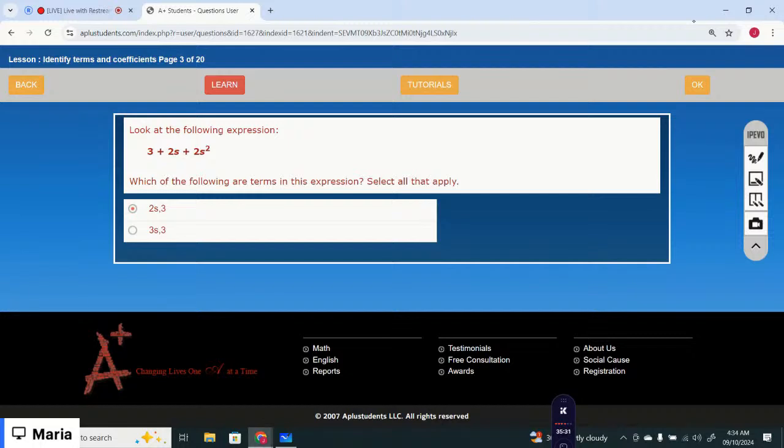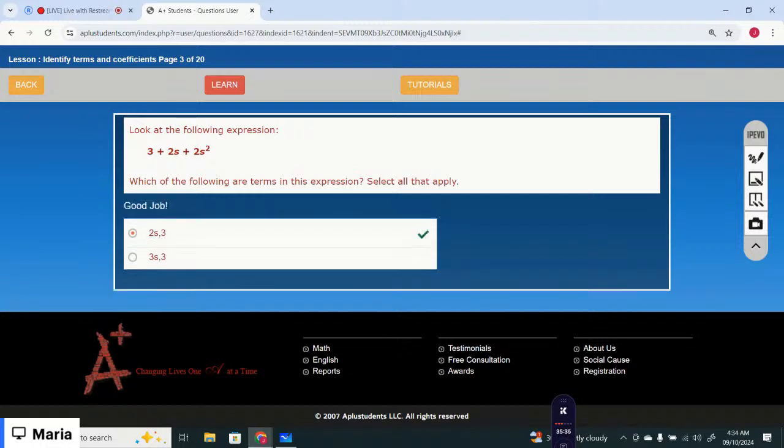You don't have 3s here. So 3 and 2s are the terms in this one.